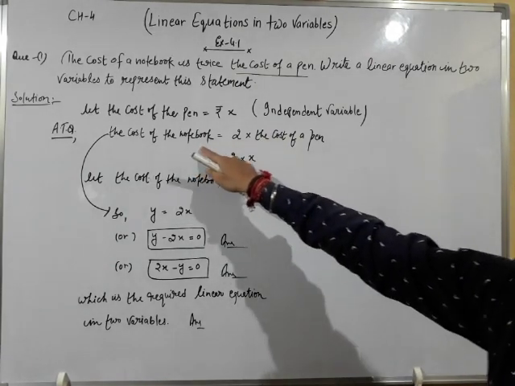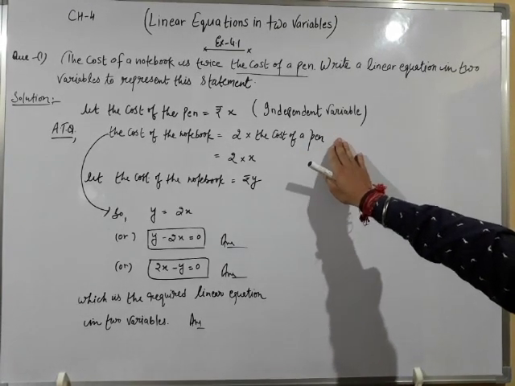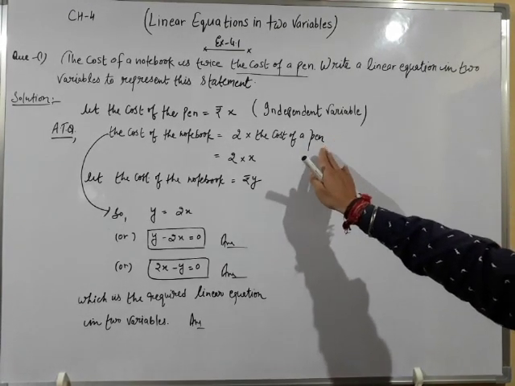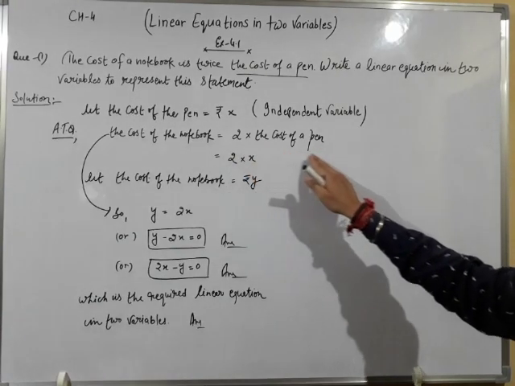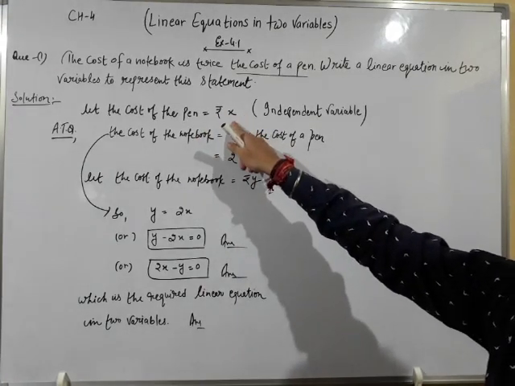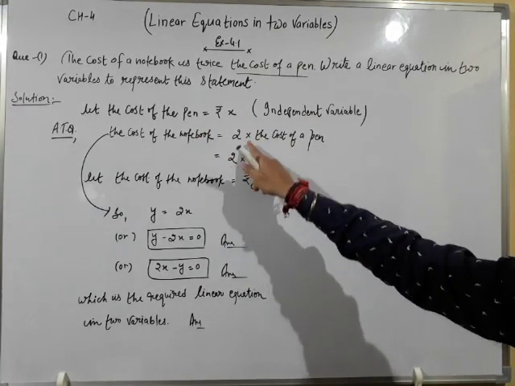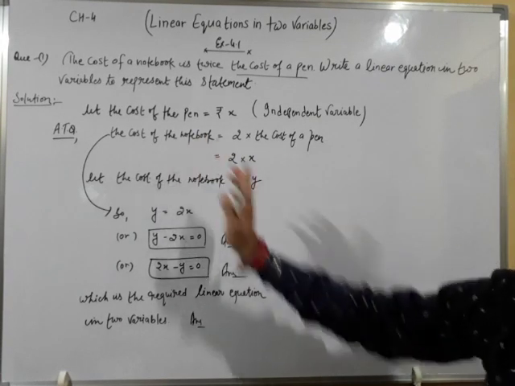By writing this equation in language, we are simplifying our work. And now we will put the cost of the pen from here, because the cost of the pen is rupees x. So 2 multiplied by x. This is the cost of the notebook.